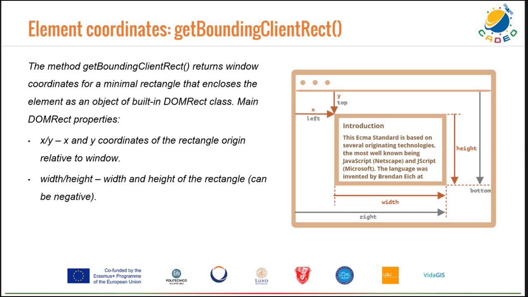There are obvious similarities between window relative coordinates and the CSS position property with value fixed, but in CSS positioning, the right property means the distance from the right edge, and the bottom property means the distance from the bottom edge. If we look at the picture above, we can see that in JavaScript it is not so. All window coordinates are counted from the top left corner, including these.